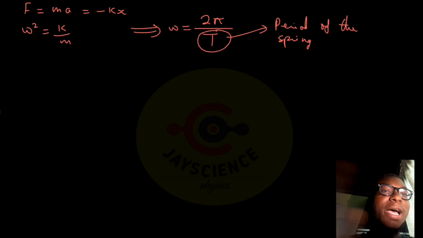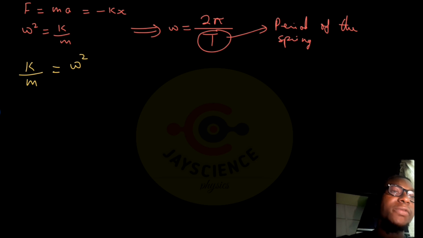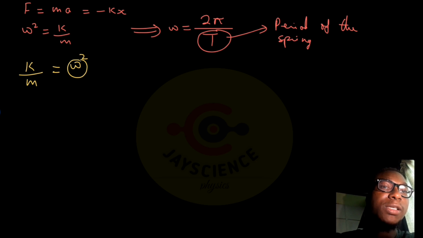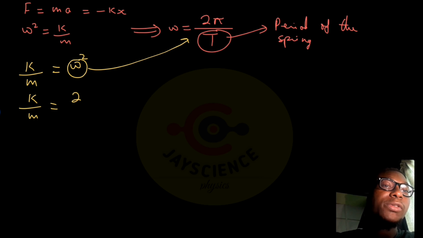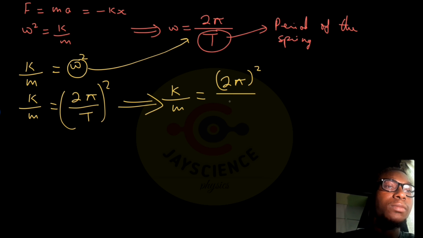Since these two are equal to each other, we can say that k over m is equal to the angular velocity squared. We can slot in the angular velocity, so k over m equals 2 pi over T, all squared. This becomes k over m equals 2 pi squared over T squared.